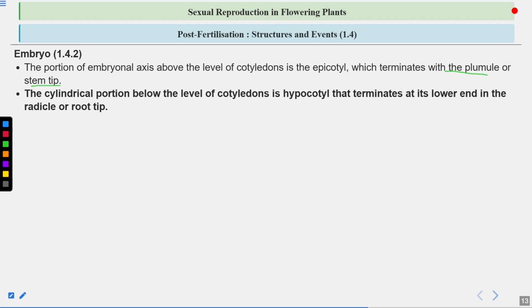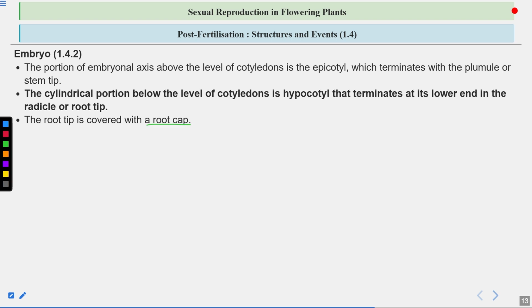So above the level of the cotyledons is the epicotyl region, and that terminates with the plumule. The cylindrical portion below the level of the cotyledons is the hypocotyl, and that terminates at its lower end in the radicle, or the root tip. And the root tip is covered with the root cap.